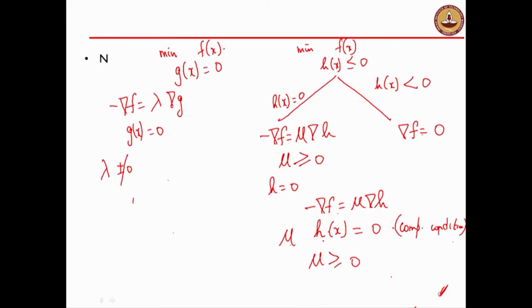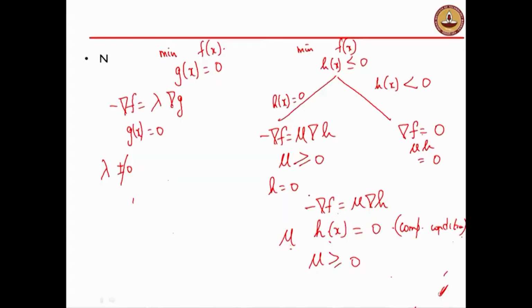When h is strictly smaller than 0, what does the condition mu times h equal to 0 force? When you have h strictly less than 0, because of the complementarity condition mu times h equal to 0, it forces mu to be equal to 0. And when h is equal to 0, we don't care. I mean, mu is already on the other arm of the decision tree.